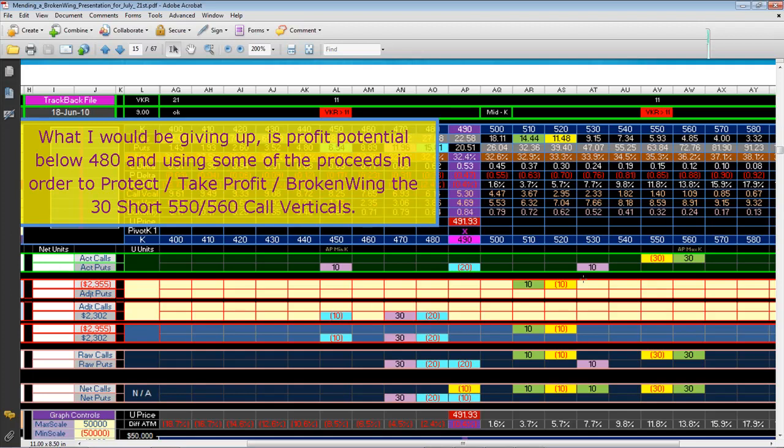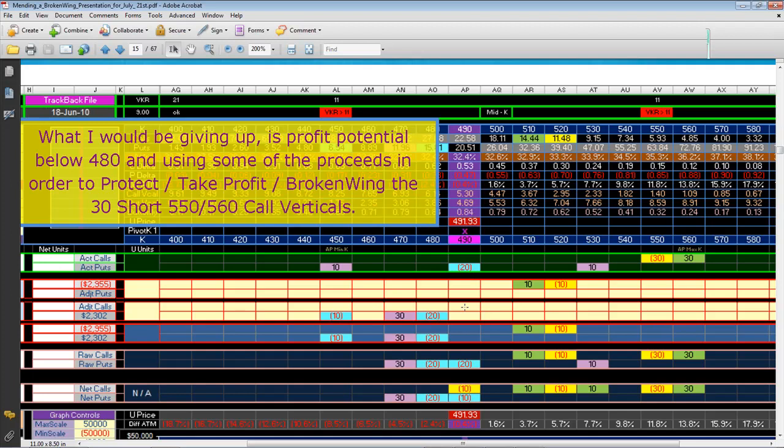So now my total capital tied up is this extra 600 bucks or so that I'm spending today on this adjustment, plus I'm reducing my capital required in the way of margin from 30,000 down to 20,000, right? So you call it protect, take profit.